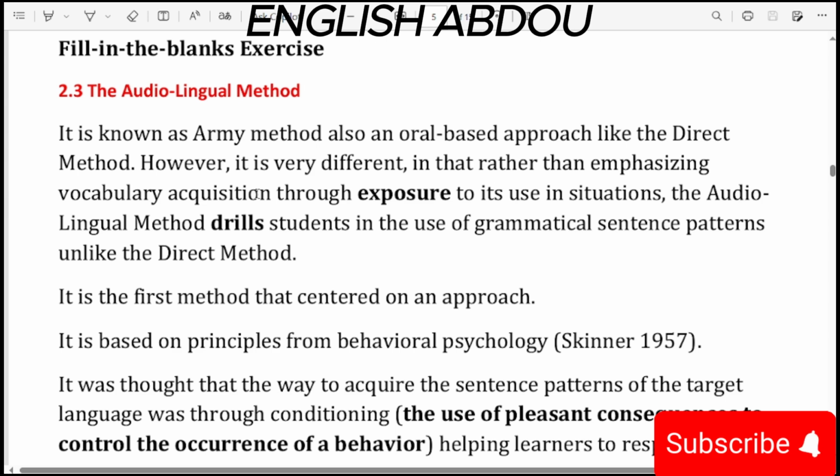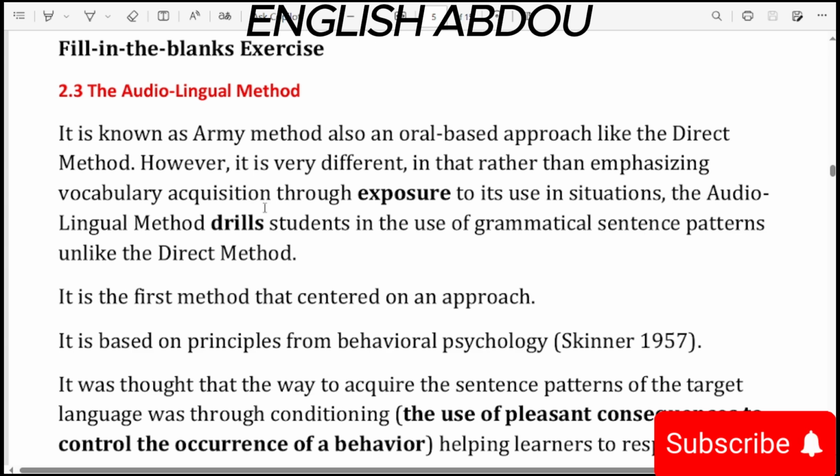Okay, however, it is very different in that rather than emphasizing vocabulary acquisition through exposure to its use in situations. Okay, the emphasis is on vocabulary acquisition through exposure. So we need to be exposed to the language which we want to learn, like those immigrants who go to America or anywhere.